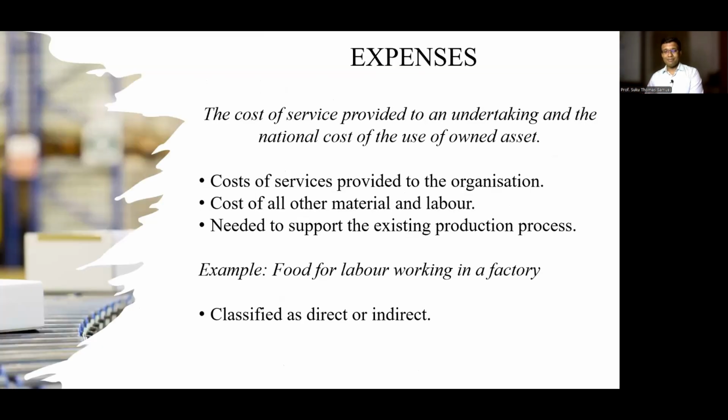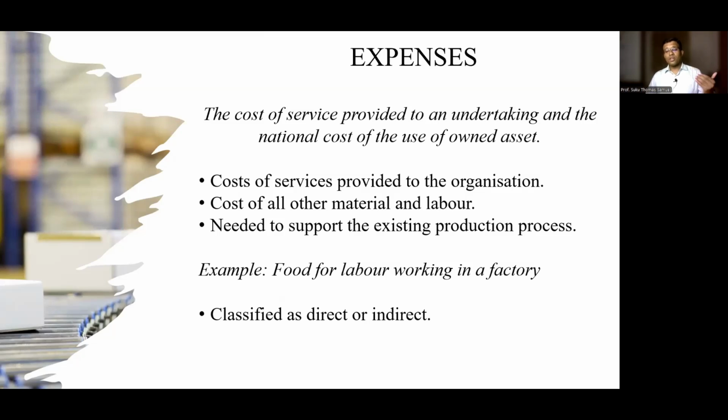Let's talk about expenses, which is the last element. Now, any expense, any cost that cannot be classified as material or labor, would get classified as an expense. So this is the cost of service provided to an undertaking, or the cost that you need to pay for the use of an owned asset.